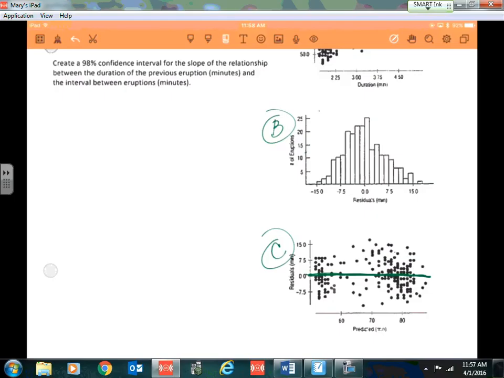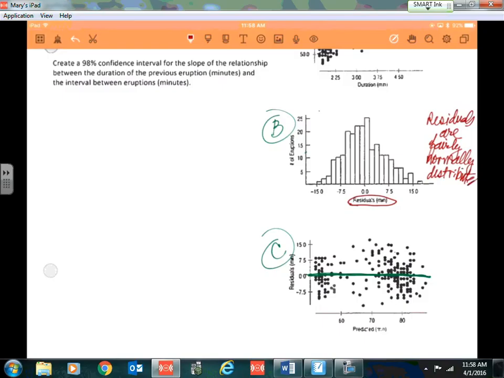The equal variance in the residual plot, equal variance. B is another way to show that the residuals are fairly normally distributed. Residuals are fairly, so this one will be used for which condition? The normal probability plot. Good.